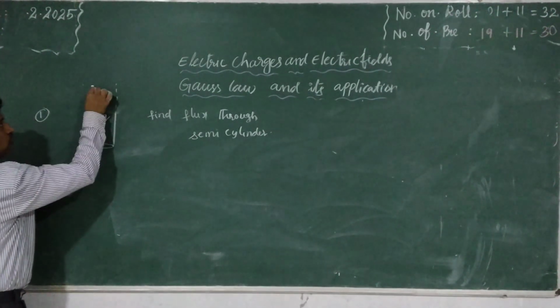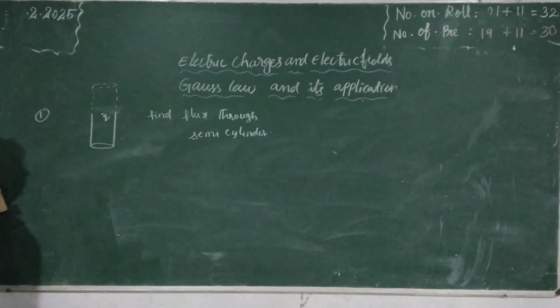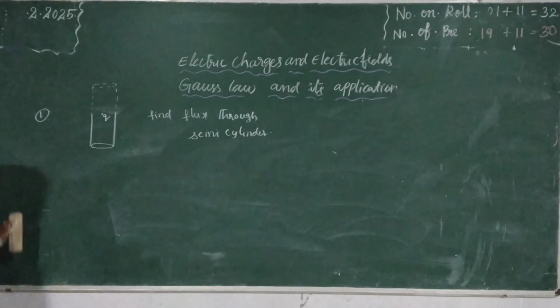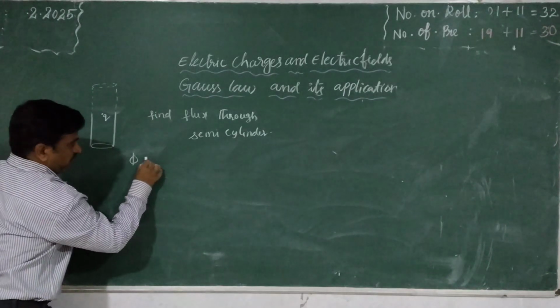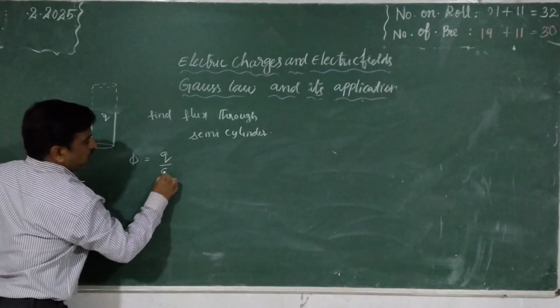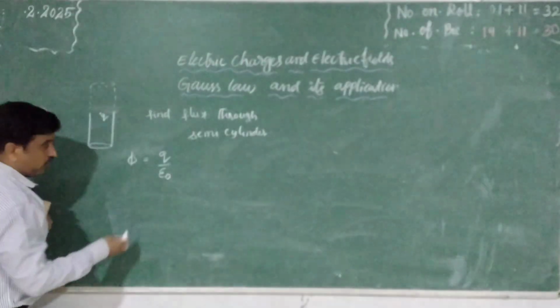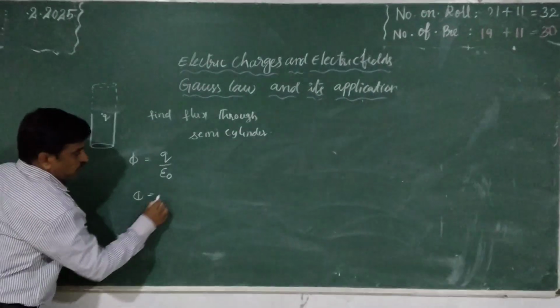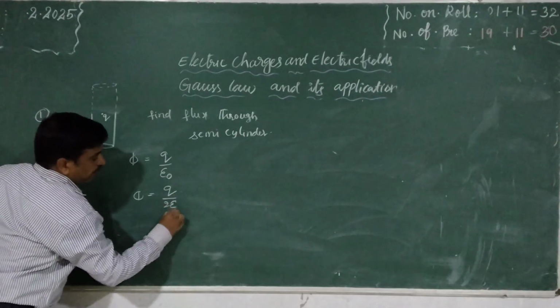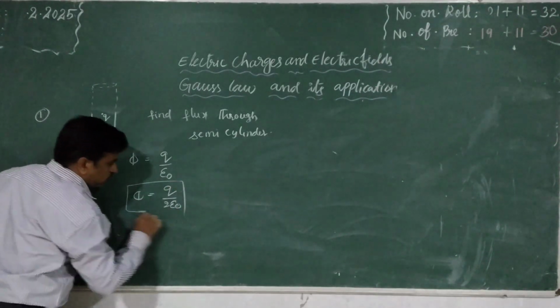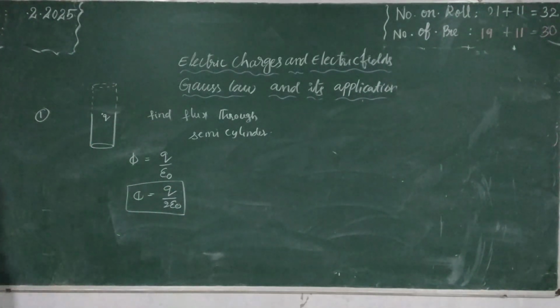What is the flux through this closed surface? Flux through closed surface equals q by epsilon naught. For a semi-cylinder we can take half, so phi equals q by 2 epsilon naught. This is the flux through the semi-cylinder.